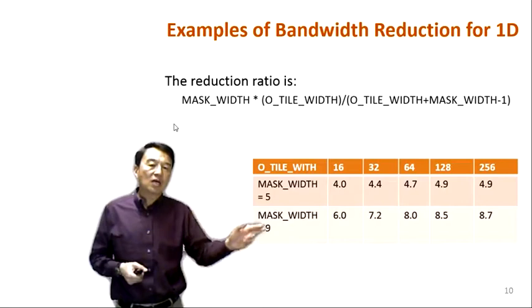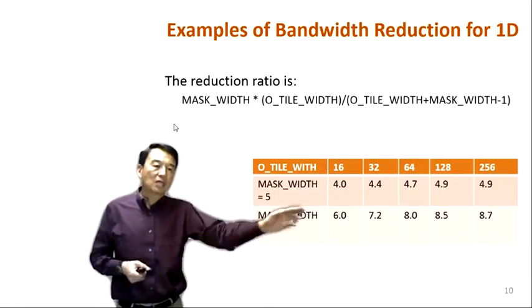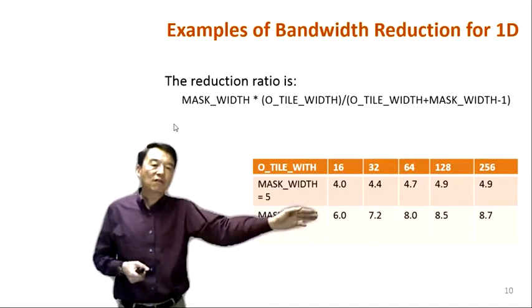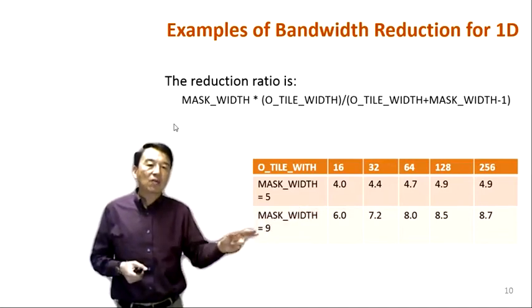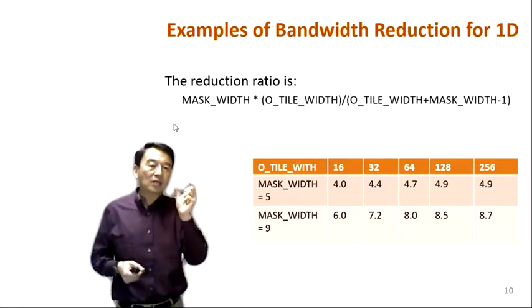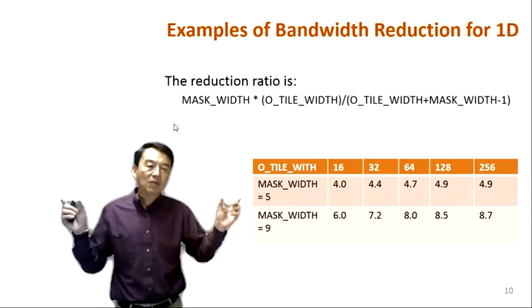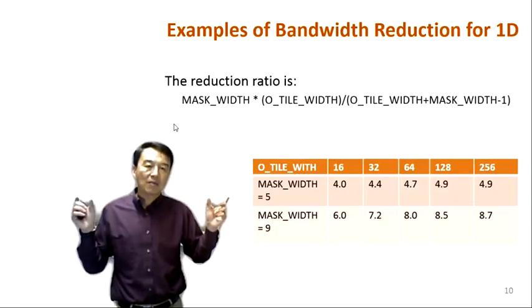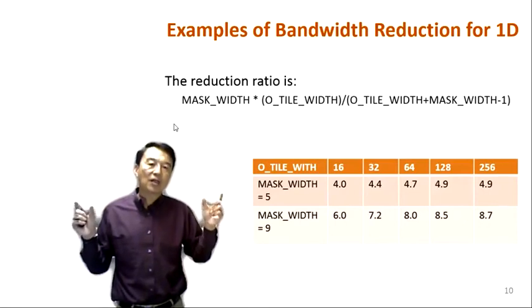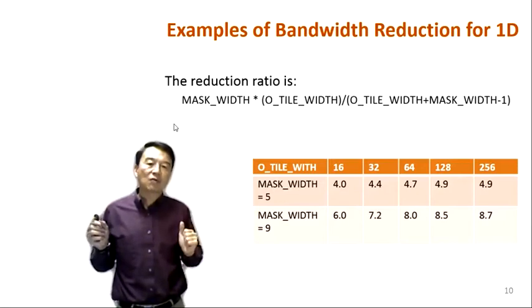But as you can see, when we use a bigger mask width, even when we get to 256 elements in the tile, the difference between the actual reuse and the ideal reuse is a little bit bigger, because the input tile needs to be much bigger than the input tile of the case for mask width 5.